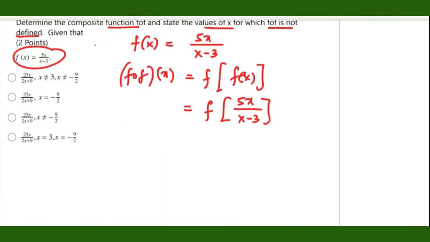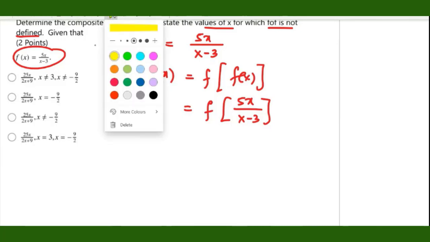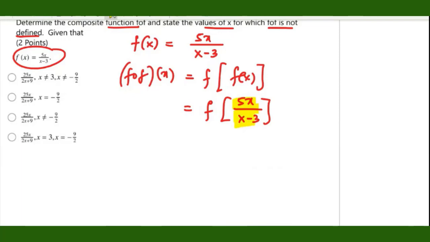Taking this function, 5x over x minus 3, we substitute into the x term of the original f(x).